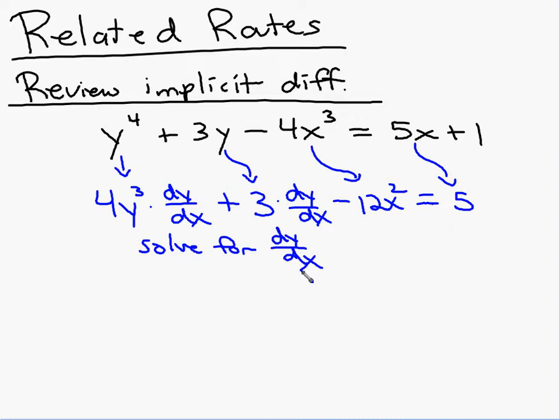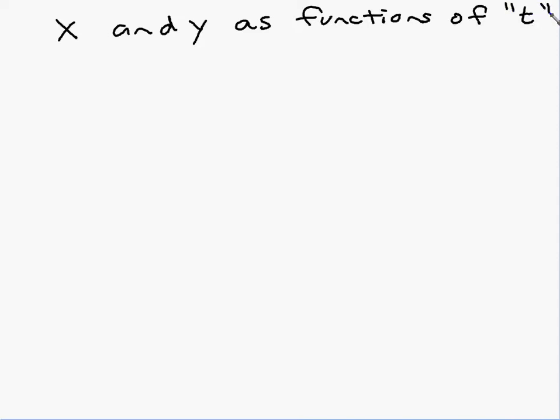And I'm not going to take the time to do that, but that's how we would finish the problem. Okay? So, what we're going to have now is two functions. We are going to have x and y as functions of t.